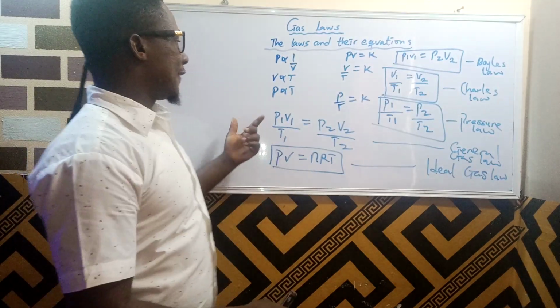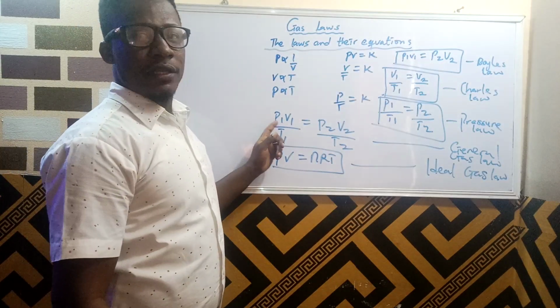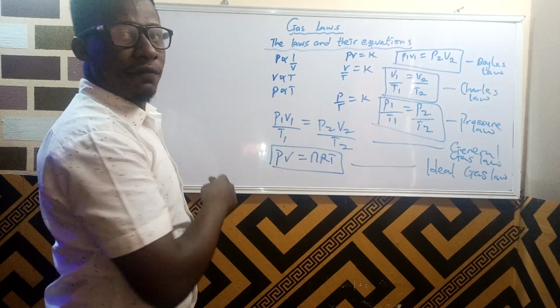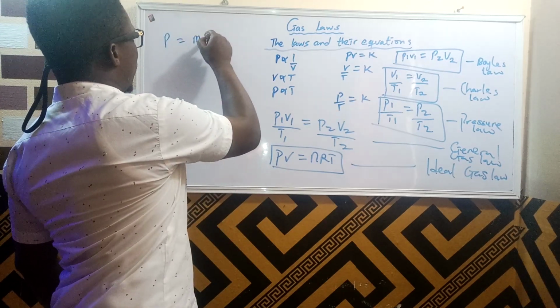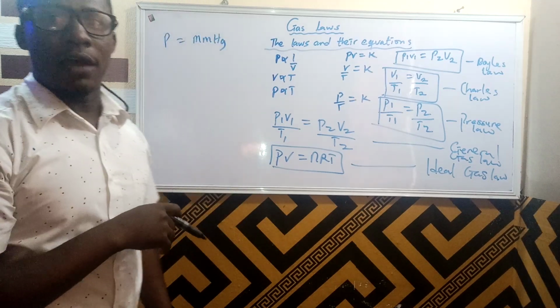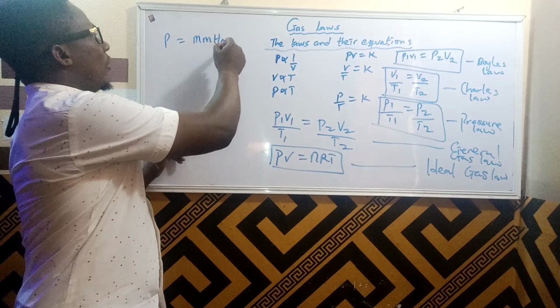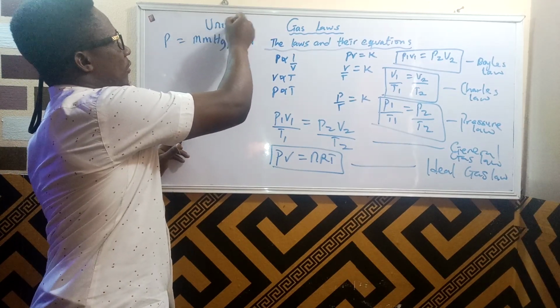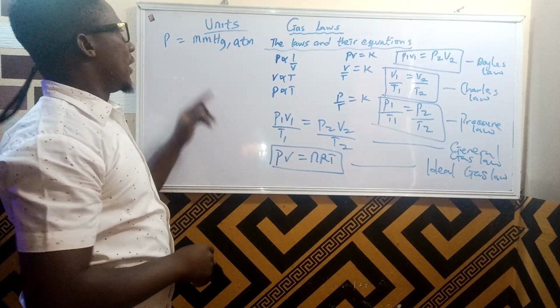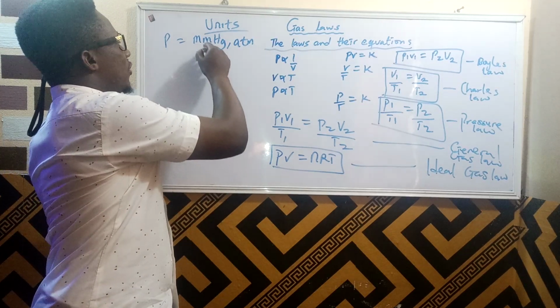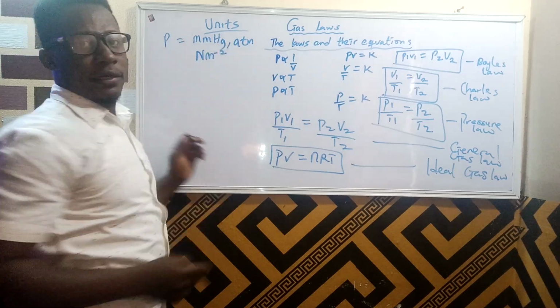Of course, take note that P is the pressure. The units for pressure: the common ones are mmHg or atm, which is atmosphere, or Newton per meter squared.